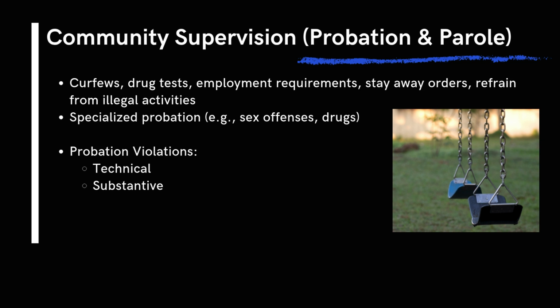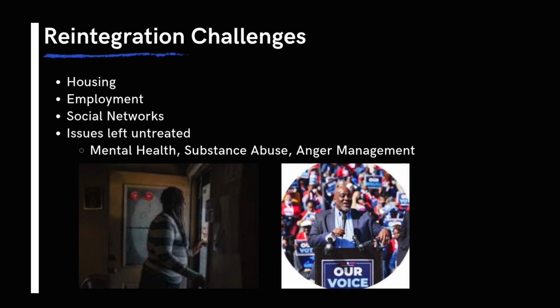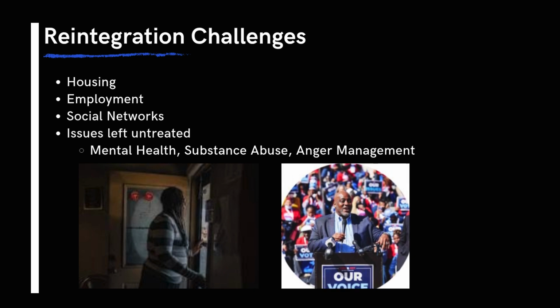In general, the biggest challenges that offenders find themselves facing when reintegrating into society include finding stable housing, employment, social connections, managing personal finances, and overcoming the stigma associated with having a criminal history.